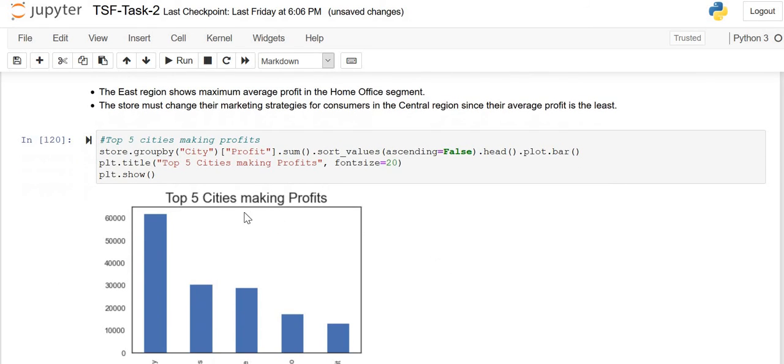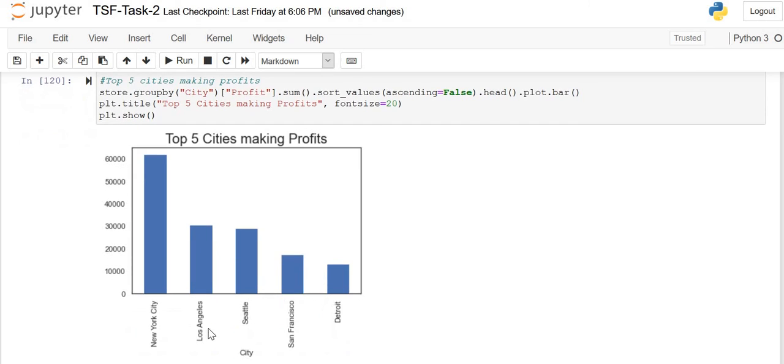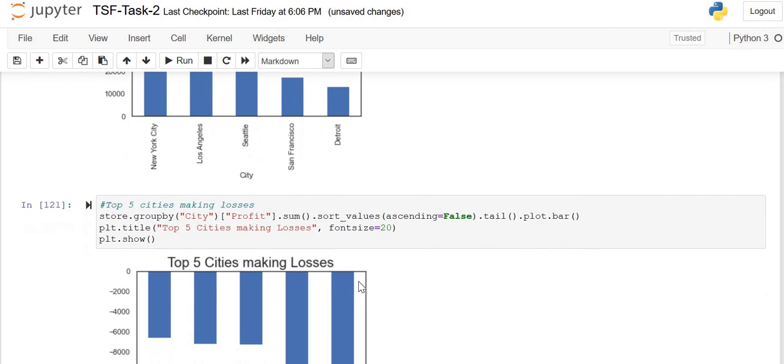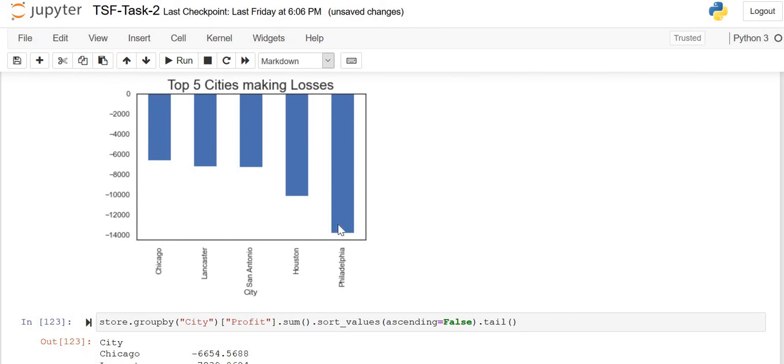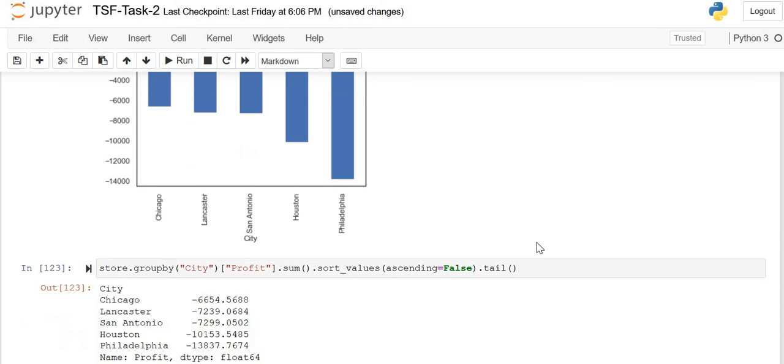So here we see the top 5 cities making profits, and in this chart you see the top 5 cities which are making the losses. Philadelphia has the greatest loss for the store.